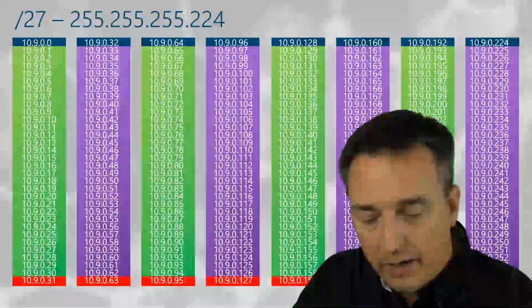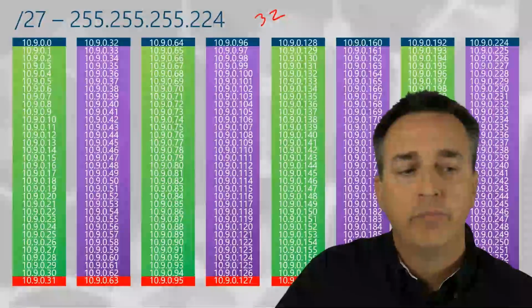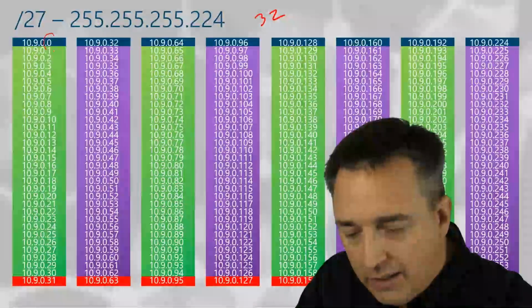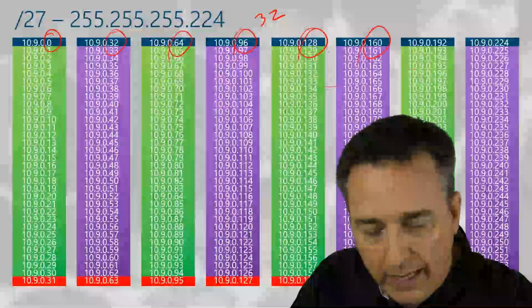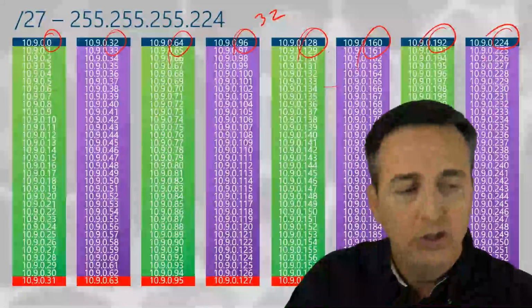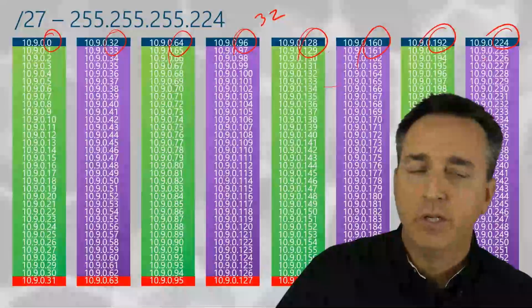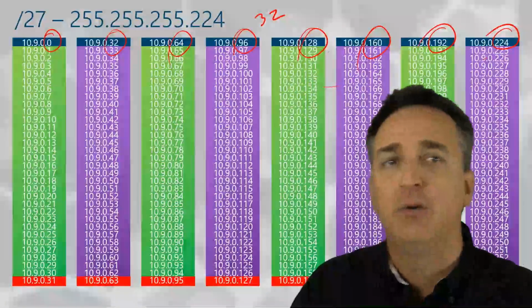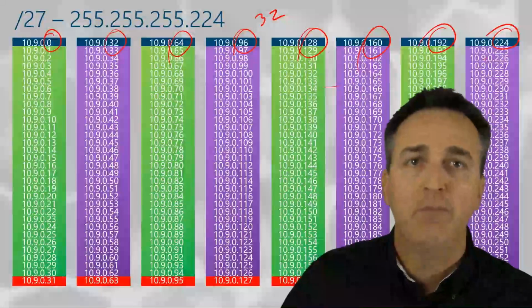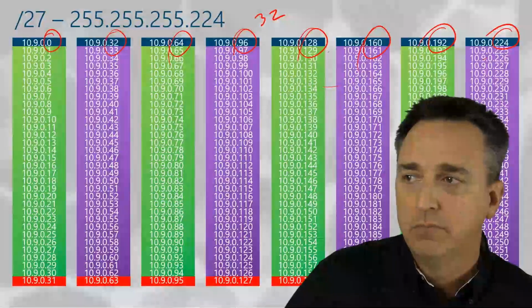What are you counting by? We said 32. If you're counting by 32, you know it's 0, 32, 64, 96, 128, 160, 192, 224. You see that progression? You can figure out the network IDs without even needing to do any binary. You know your subnets. You can figure them out if you know this counting progression.